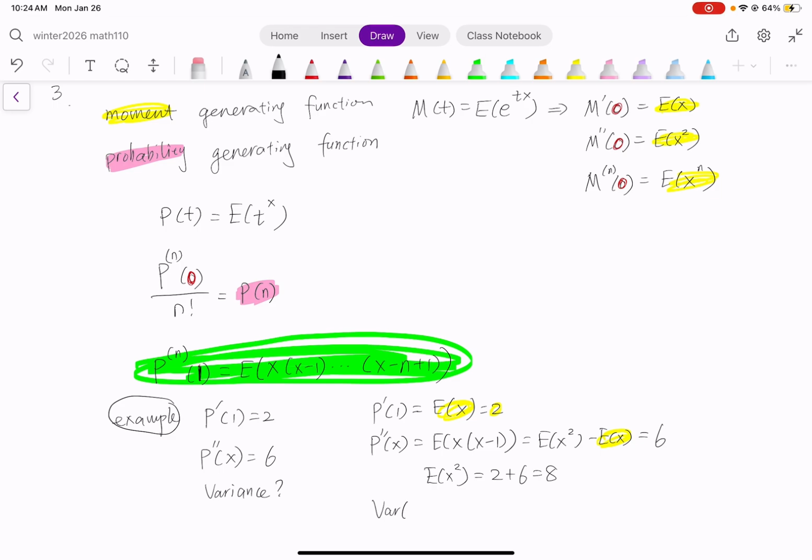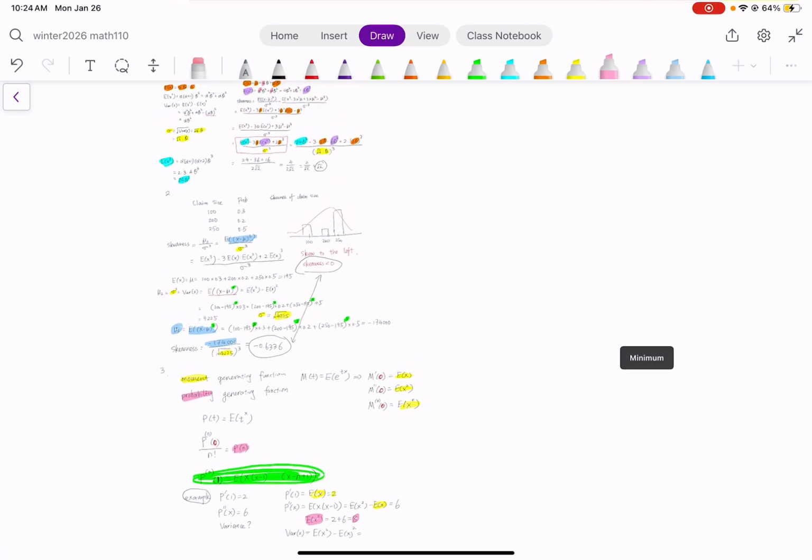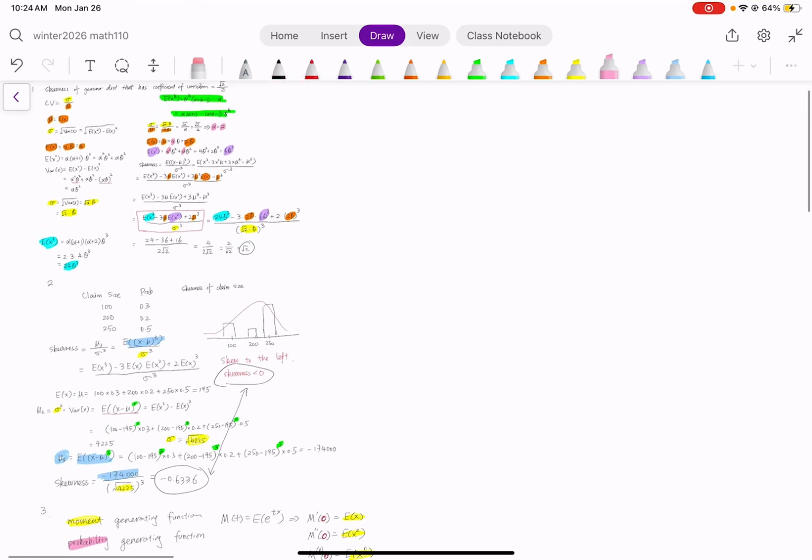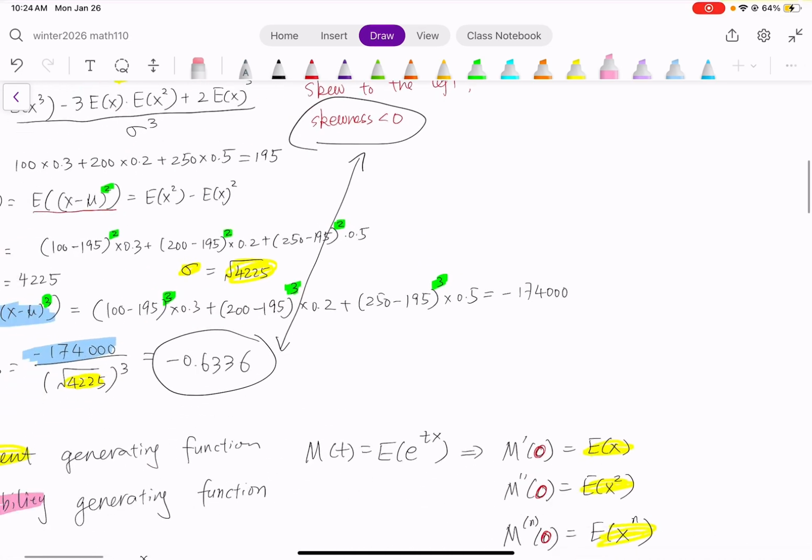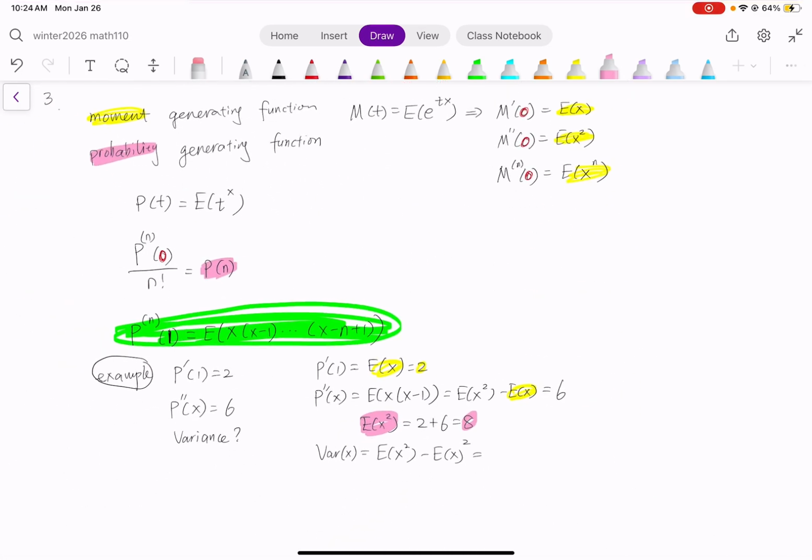And variance is equal to the expected value of x squared minus the expected value squared. This is the second moment, which I'll mark in purple, to be more consistent. Therefore, you will get 8 minus 2 squared, so 8 minus 4, and the answer is 4.